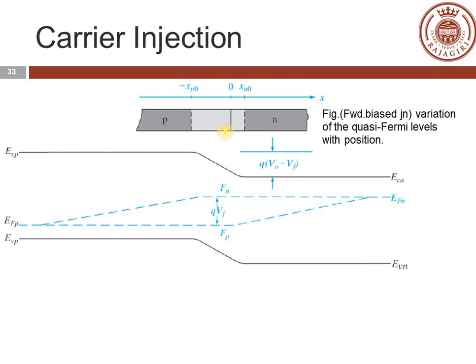So here is a forward bias junction with the variation of the quasi-Fermi levels given. At equilibrium we had one and only one Fermi level, but when you apply a forward bias, instead of one equilibrium Fermi level you will have split quasi-Fermi levels Fn and Fp, and that difference will be q into Vf.